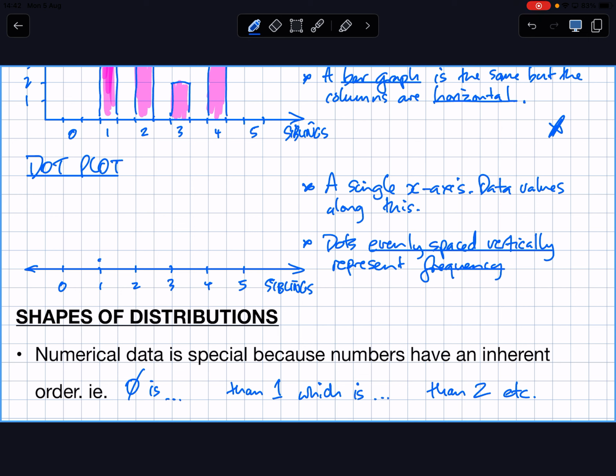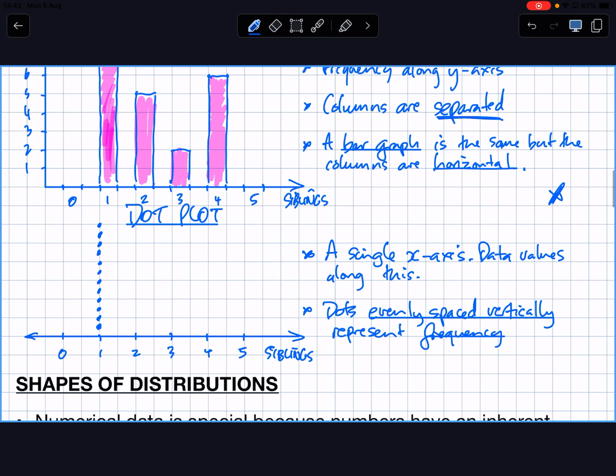So the way that I'll draw that is 1, 2, 3, 4, 5, 6, 7, 8, 9, 10, 11. Still didn't have enough space. 12. How many was it for 2? 5. 1, 2, 3, 4, 5. 3 was 2. 4 was 6.